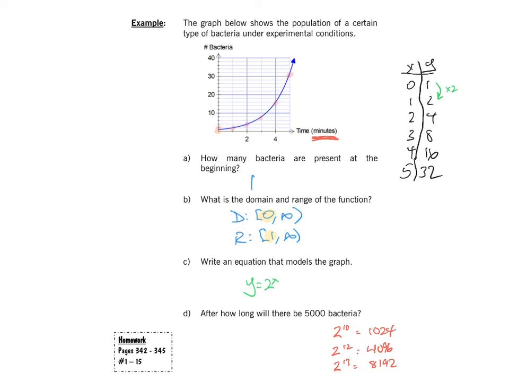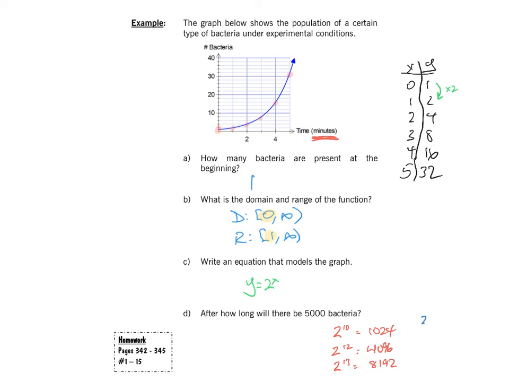And if we think it's continuous, then we should go ahead and find where between 12 and 13 works. And so, we could see that 5,000 is a lot closer to 4,000 than 8,000, so the exponent's going to be closer to 12 than 13.